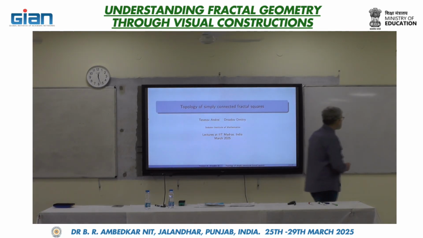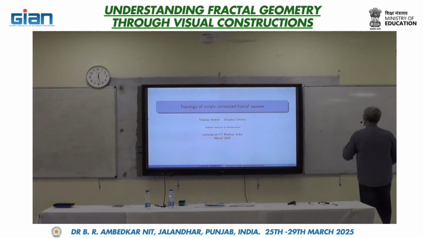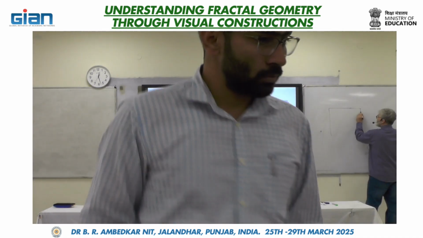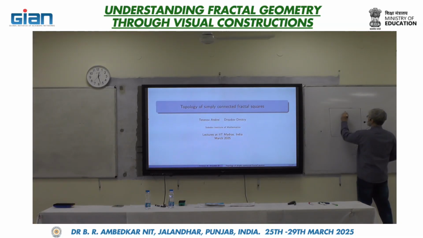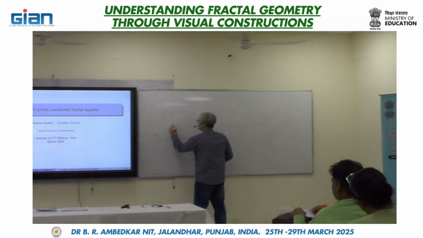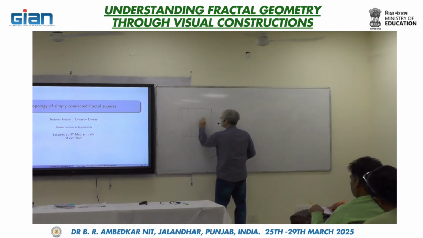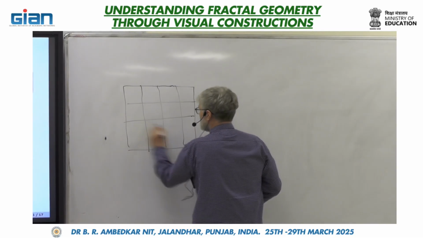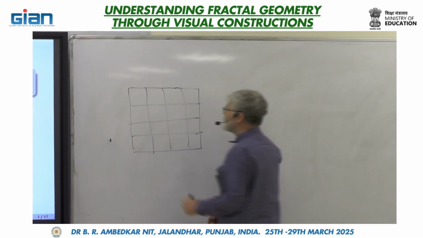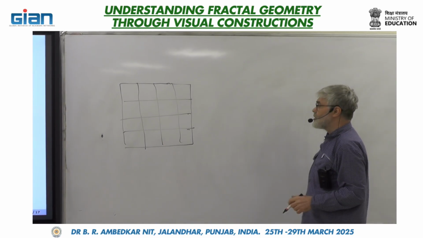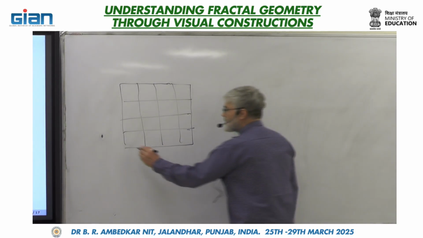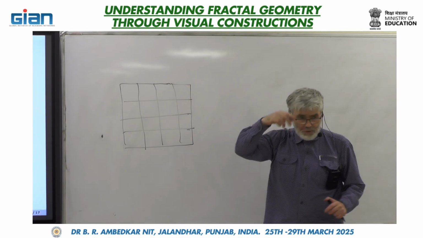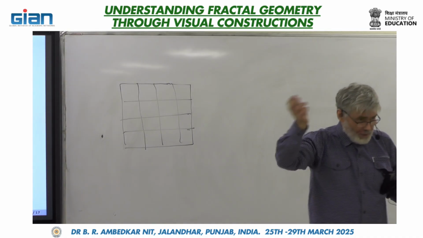A fractal square is a very simple kind of fractal. It is constructed the following way. We take a square, say n multiplied by n. We take the unit square and divide it into n squared smaller parts.